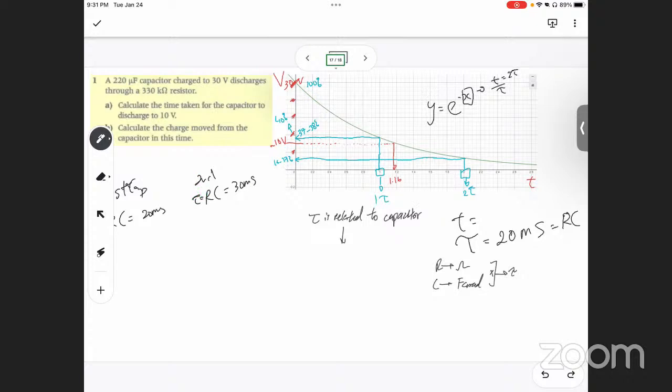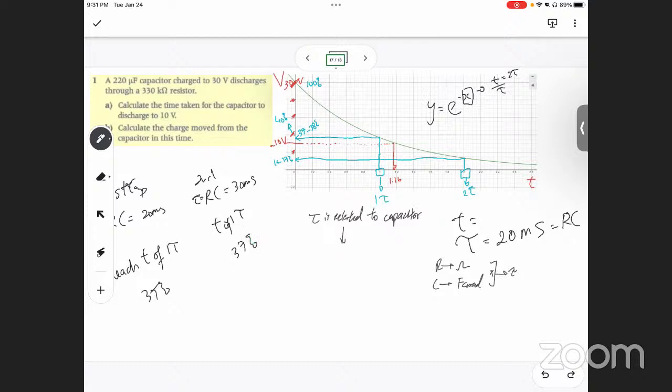Here's the simple truth. Whenever I reach a time of 1 tau, it will always be 37% for both.